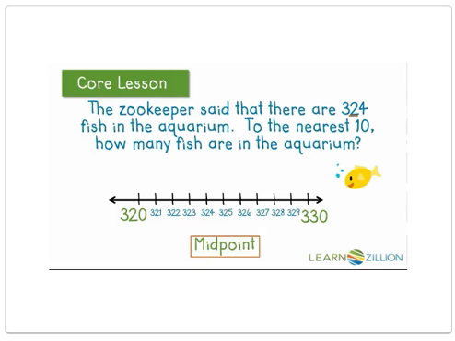The midpoint is 325 because it's right in the middle. As you can see, 324 is right below the midpoint, so this number would round down. We could say that the zookeeper has about 320 fish in the aquarium. The 3 stays the same, the 2 stays the same, and the 4 turns into a 0.